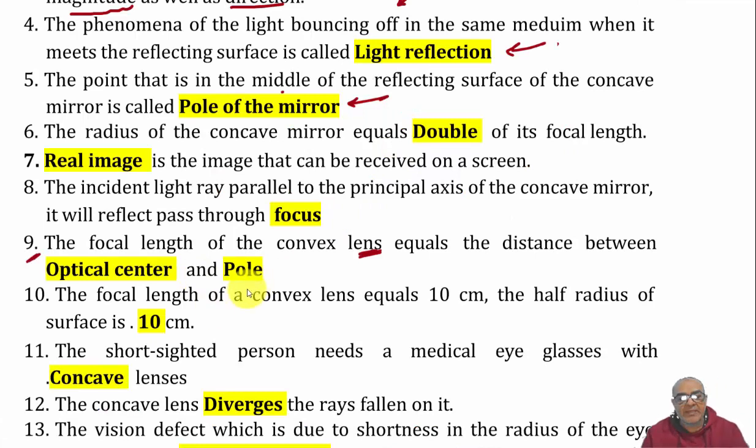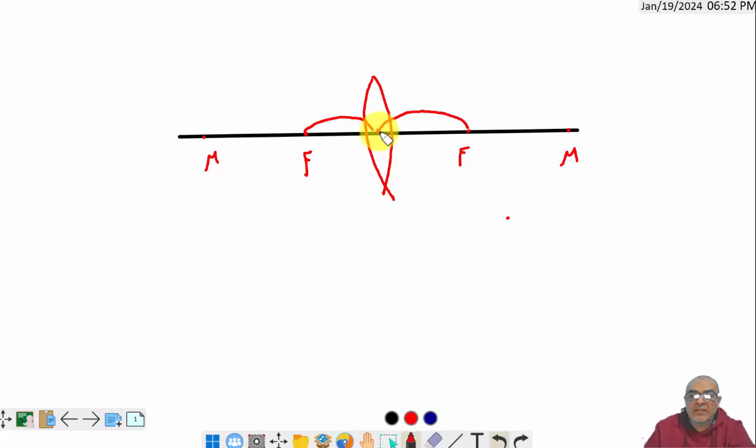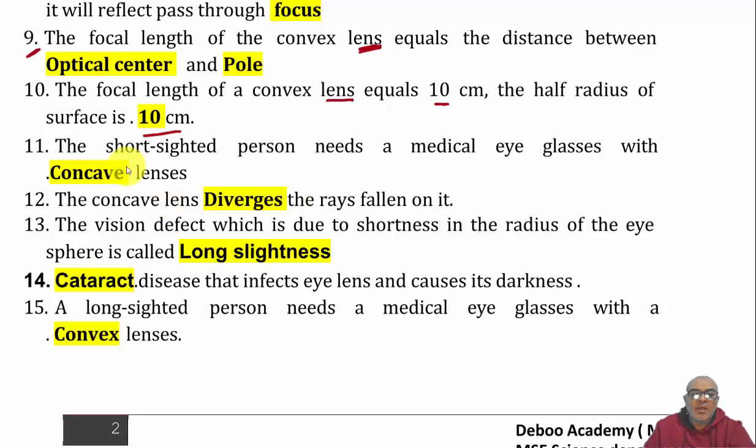Question number 10. The focal length of a convex lens equals half the radius, because the focal length equals half the distance between the optical center and the center of curvature, which is the radius.